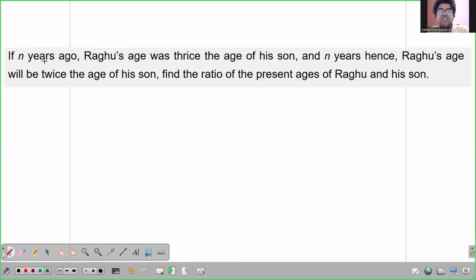Students, consider the question. If n years ago, Raghu's age was thrice the age of his son, and n years hence, later, Raghu's age will be twice the age of his son, find the ratio of the present ages of Raghu and his son.